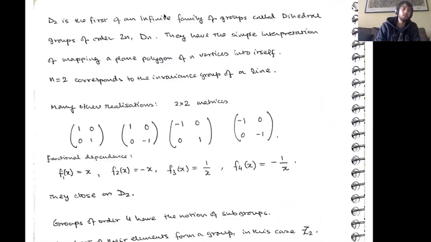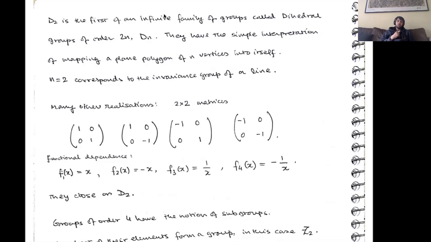Now D2 actually is the first of a family of infinite groups, which are called dihedral groups of order n, and they have a simple interpretation in terms of mapping a plane polygon of n vertices onto itself.